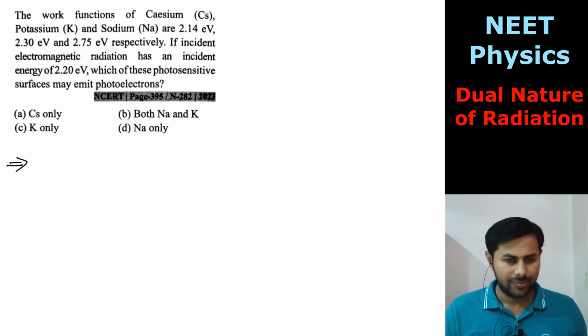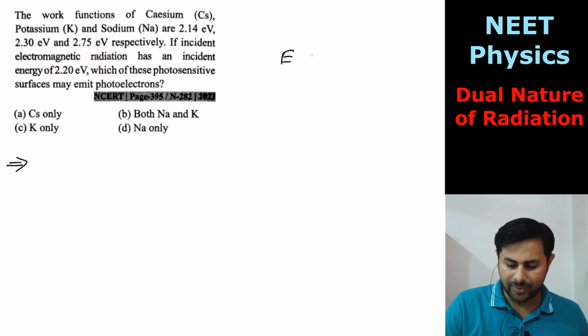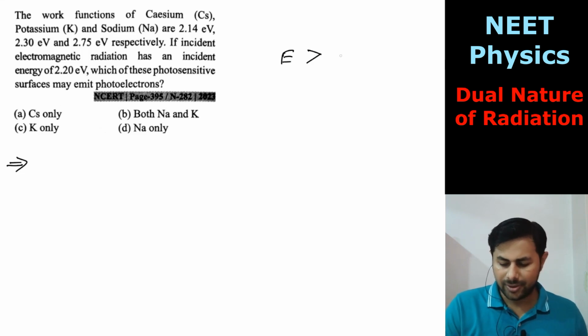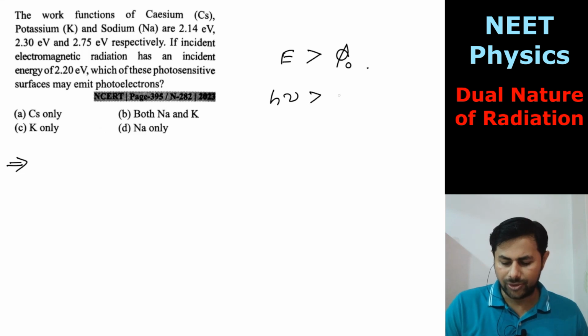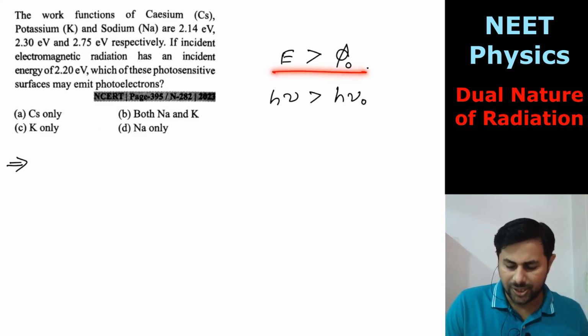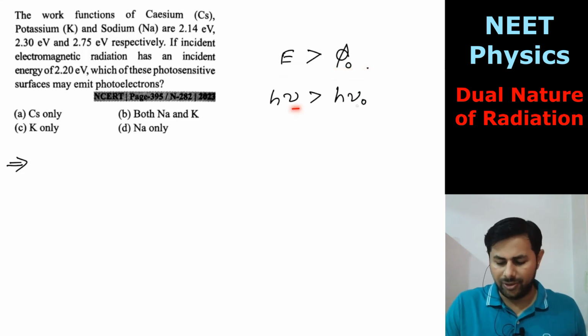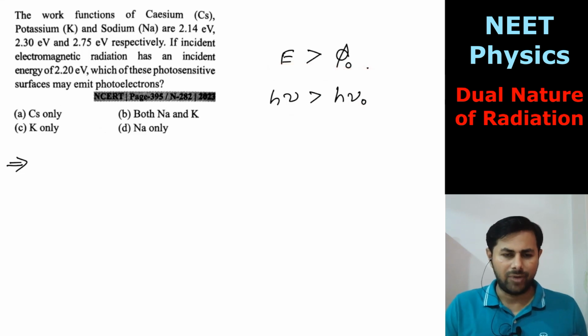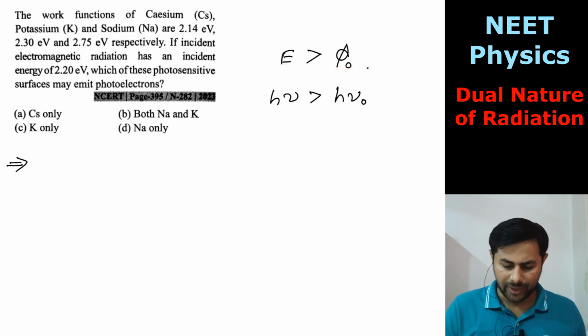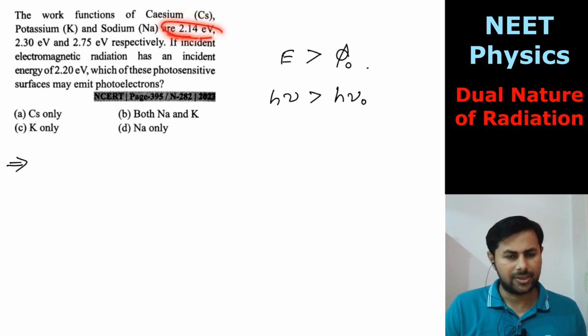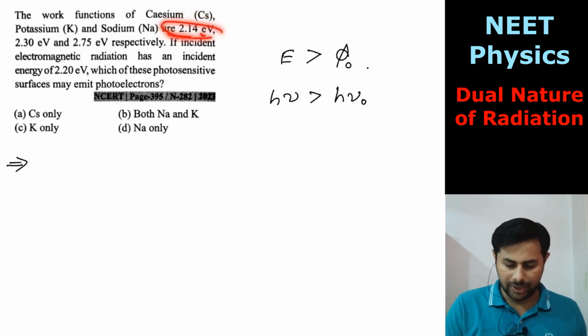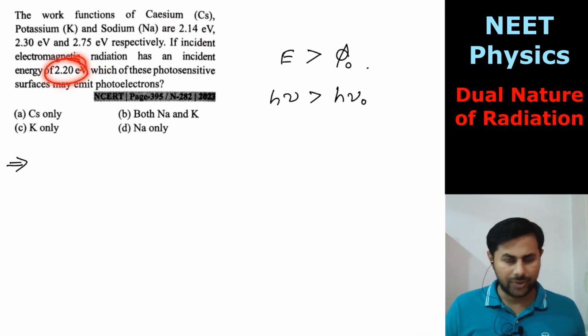Correct. Okay, energy of light must be greater than the work function, right? What does it mean? This is h nu. h nu should be greater than h nu 0. This is just the same condition in other words, that nu must be greater than nu 0. Okay, energy of light must be greater than work function phi naught. So work function for the first one is 2.14, energy of light is 2.20 electron volts.